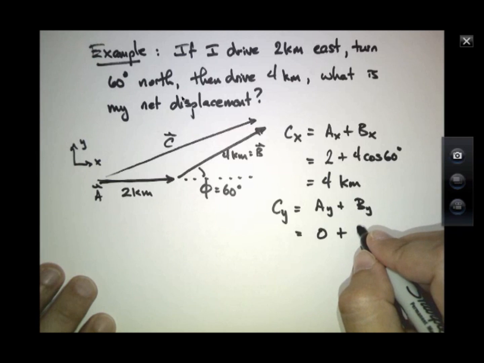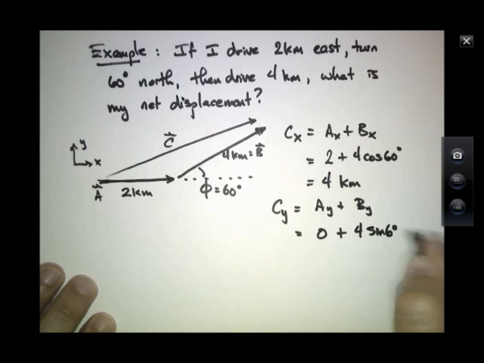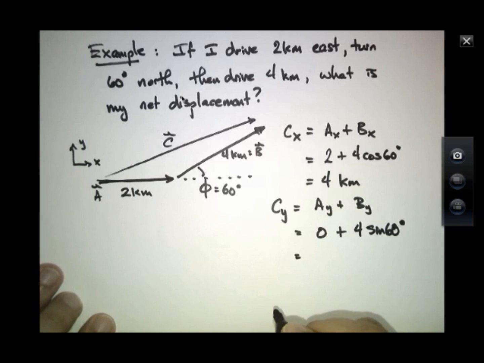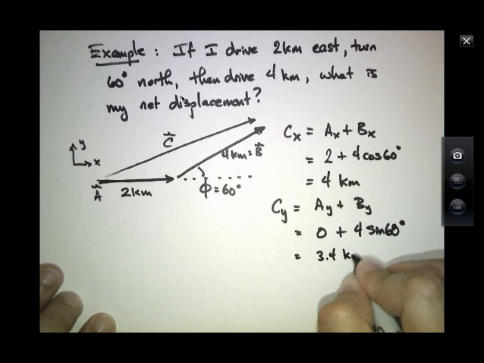And b sub y is 4 times sine of 60. Which is about 3.4 kilometers.